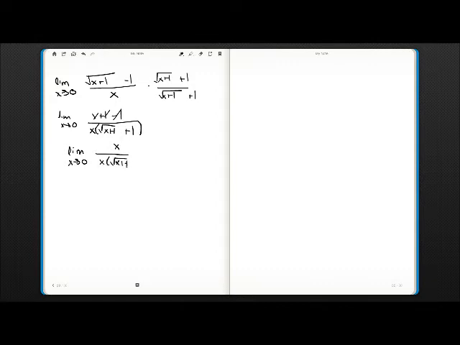The x cancels out and now we can solve the limit without it going to infinity or some random value. It'll be 1 over root x plus 1 plus 1, and if you sub in x equals 0, we'll get 1 over root 1 plus 1, and this will be 1 over 2. So that was an example of rationalizing the numerator.